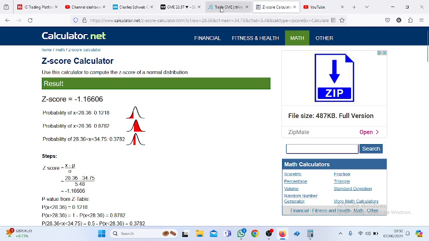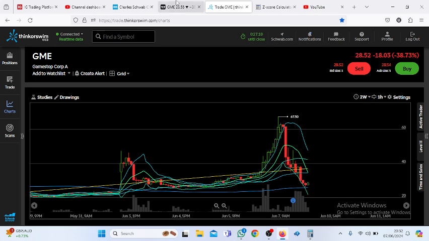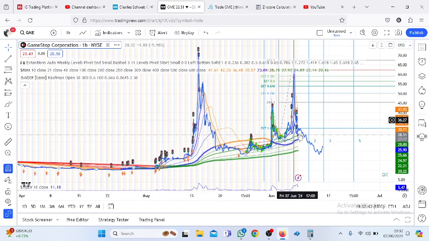That's because the stock is trading at a significant discount to its current moving average of 34.75. Earlier on it would have been 44.9, so the probability would have been more.